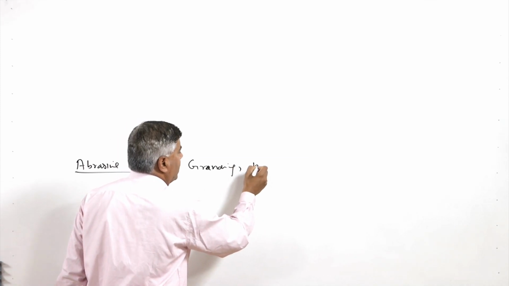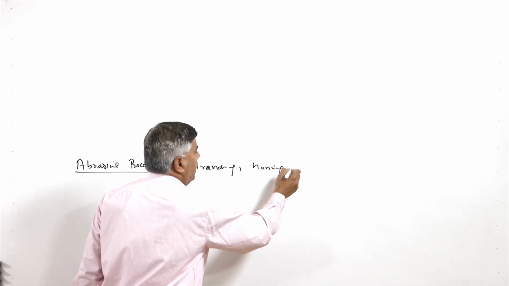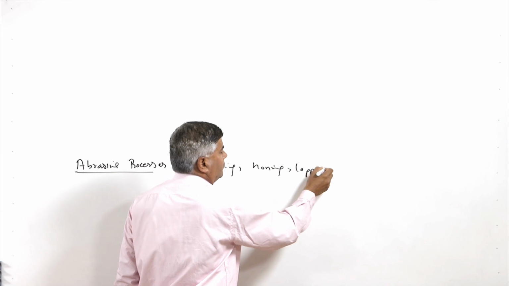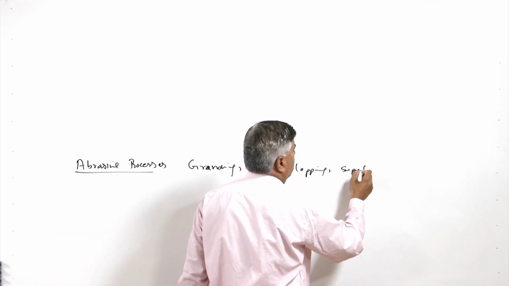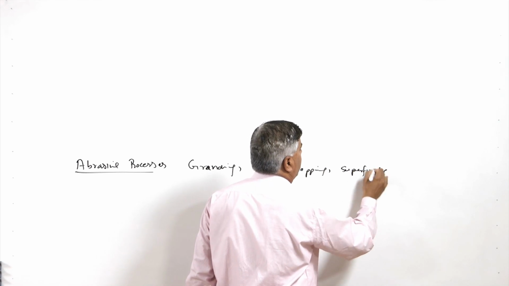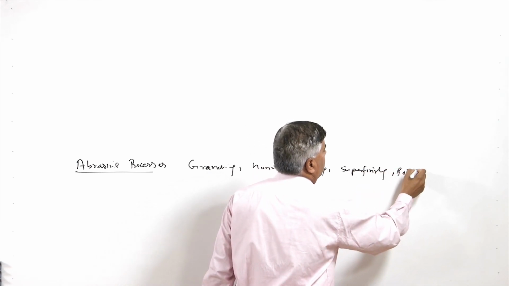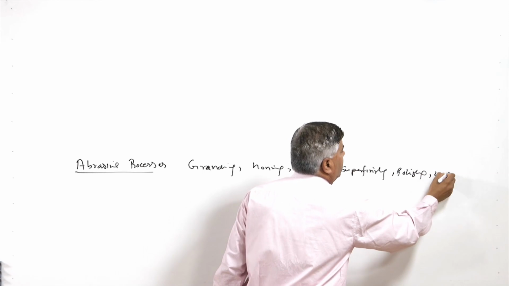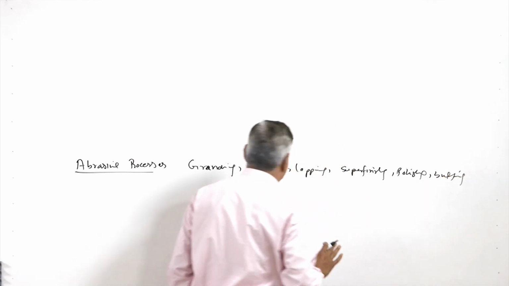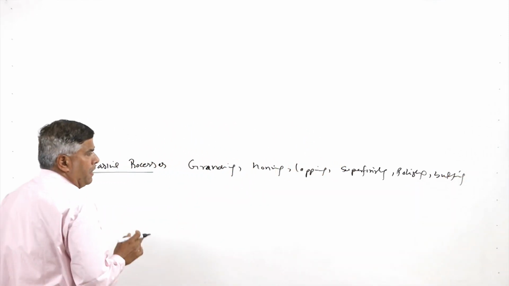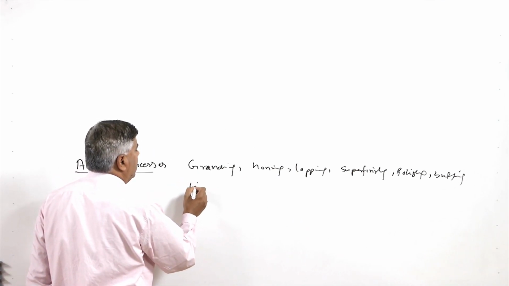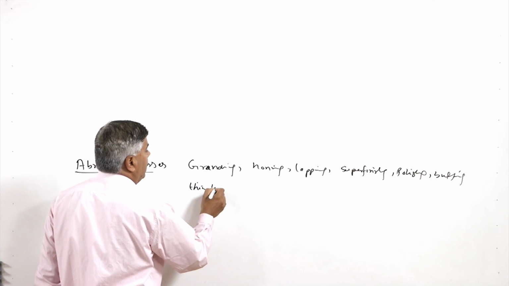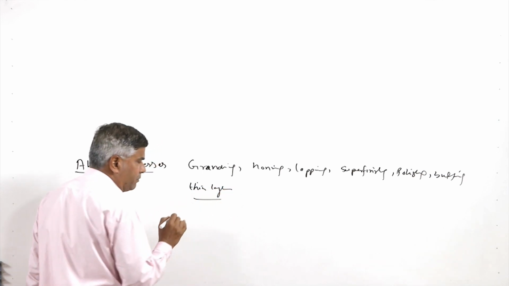Other processes like honing, lapping, super finishing, polishing and buffing also help to remove, although very little material, a very thin layer of the material.